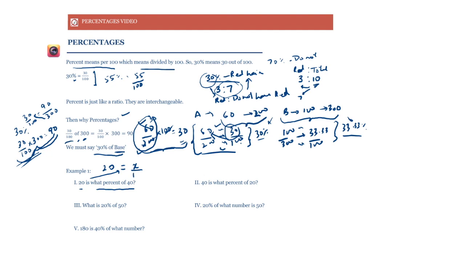So what percent of 40? "Of" stands for multiplication of 40. So this is our equation where we say 20 is equal to X, the unknown. Percent is 100, of is multiplication, and 40 is 40. Now you can get the value of X.